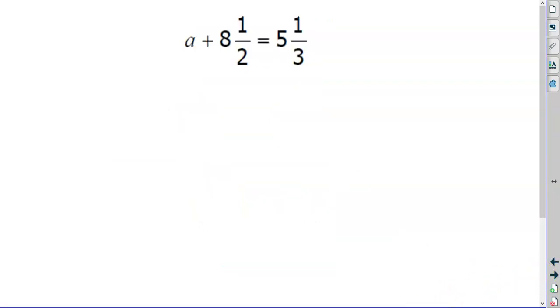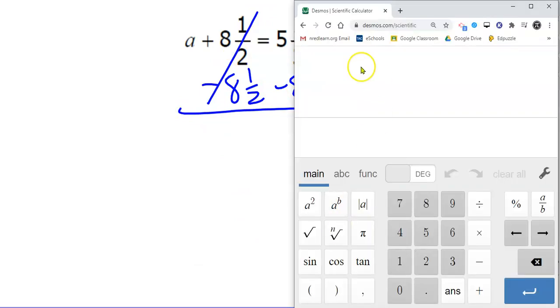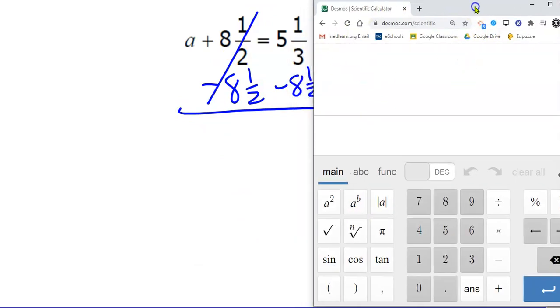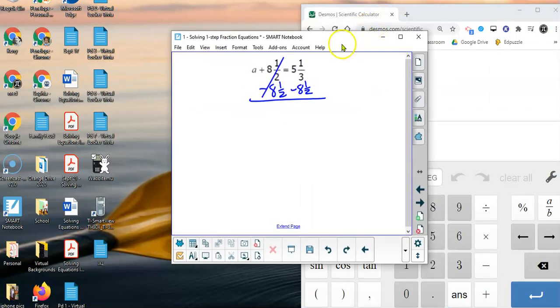Let's try using the Desmos Calculator. Identify your variable. Write the inverse operation. And now let's take a look here. So for this one, let me minimize this here a bit.